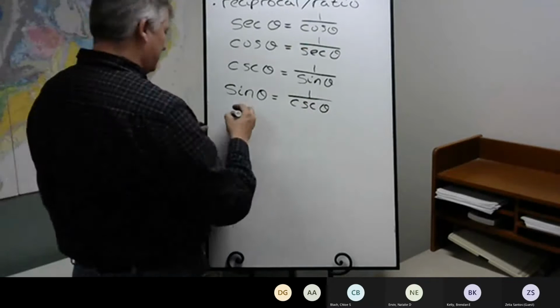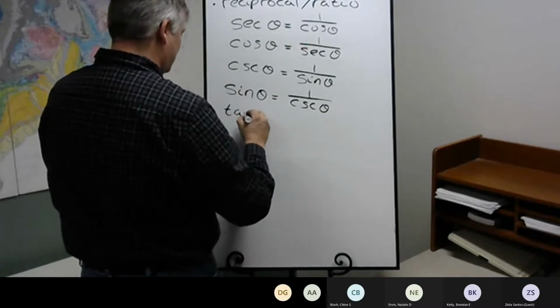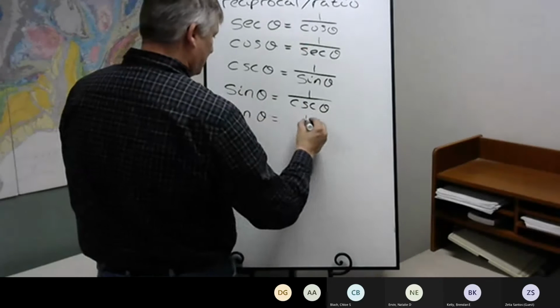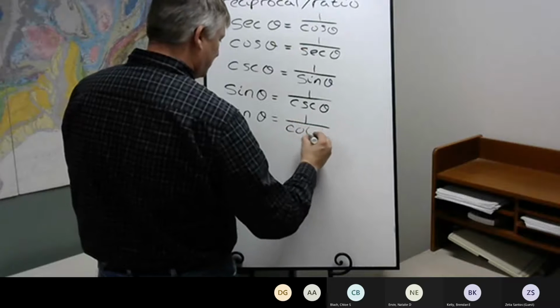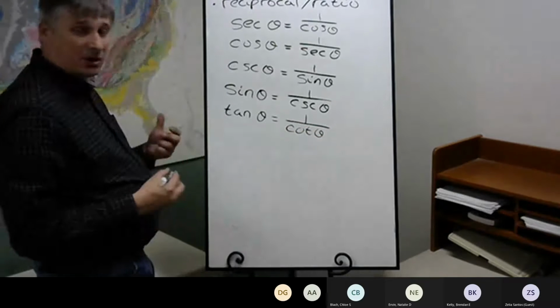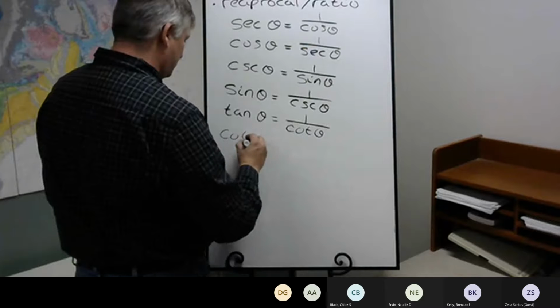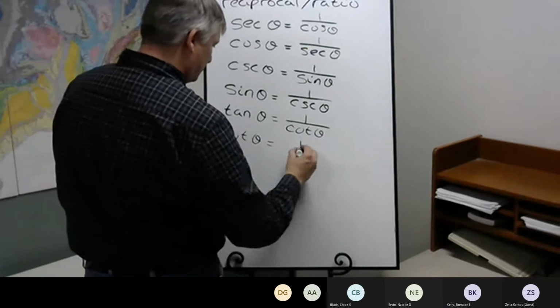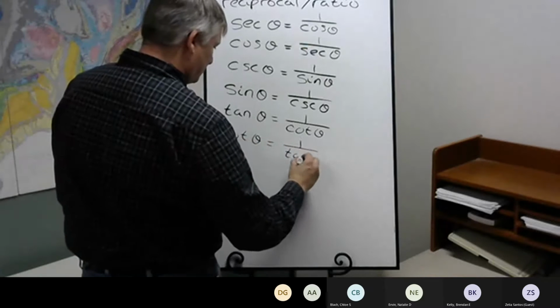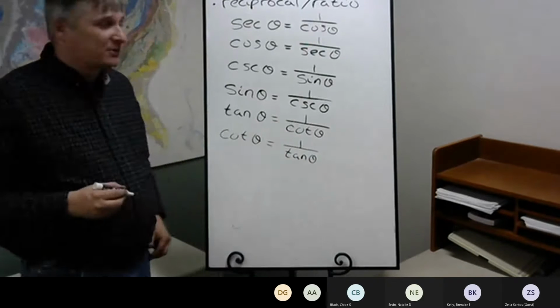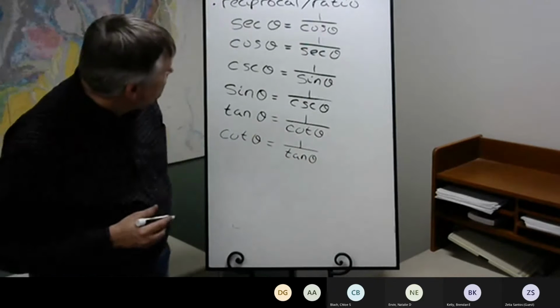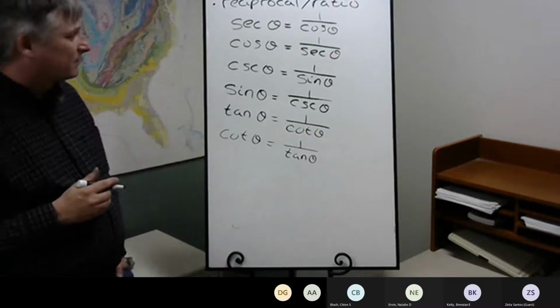So tangent is 1 over cotangent, and then cotangent is 1 over tangent. So, excuse me, those are your reciprocals.